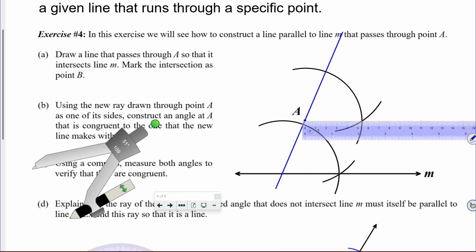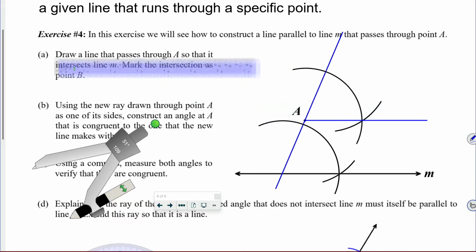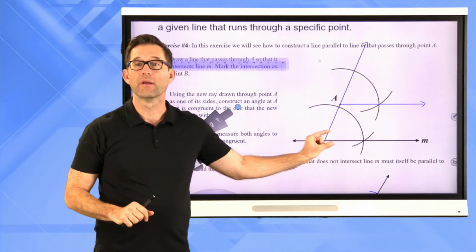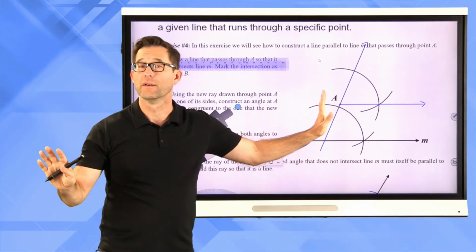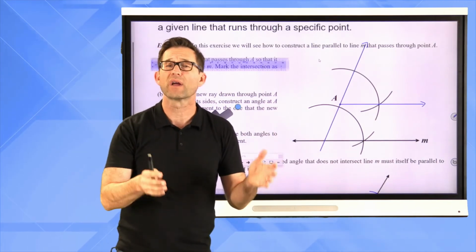I can now bring this over here, draw a line that goes through A and through that intersection of the two arcs, and now all I've done is reproduce the angle that was down here up here. That's all I did, right? I just did the same construction I just did.